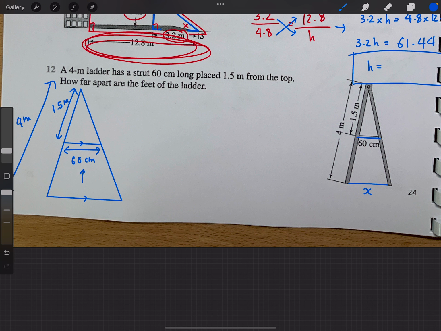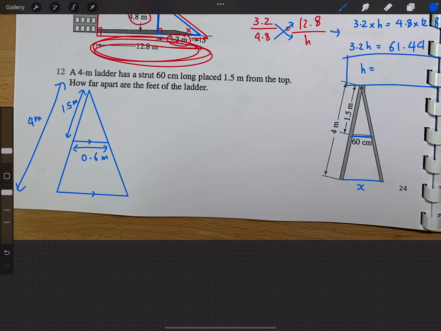Instead of saying 60 centimeters, I'm going to say 0.6 meters. Everything else is in meters, might as well make that one meters. So I can say 0.6 over 1.5. This length divided by this length is going to equal this length, which is X, divided by this length. Similar triangles.